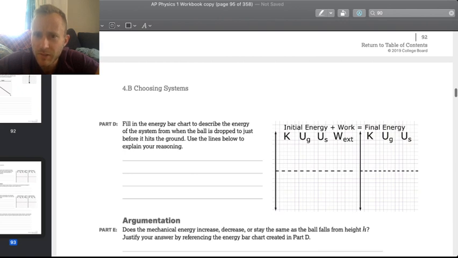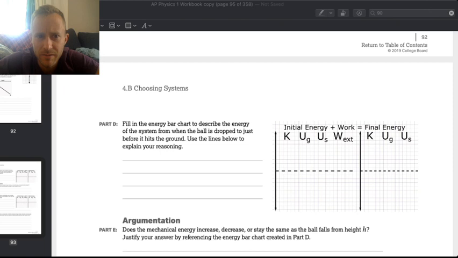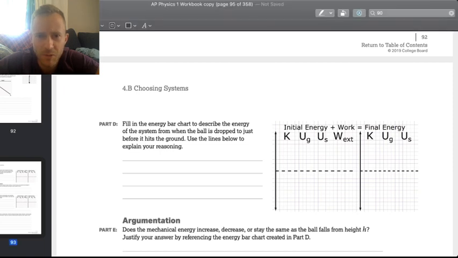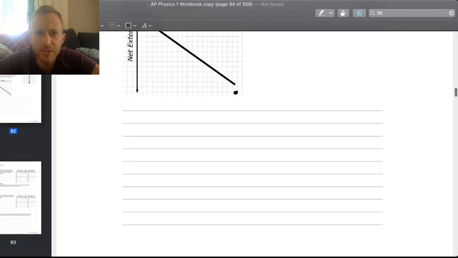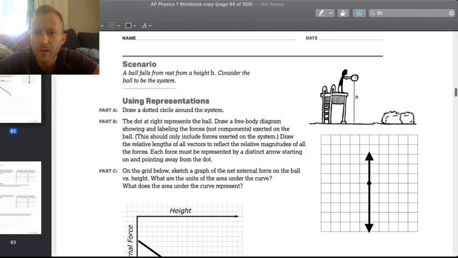Anyone know what that means? Gravitational potential energy, what's U sub S? I have no clue what that means. Doesn't even say what S is. That's a horrible question.